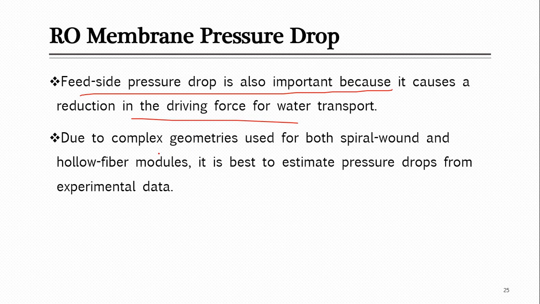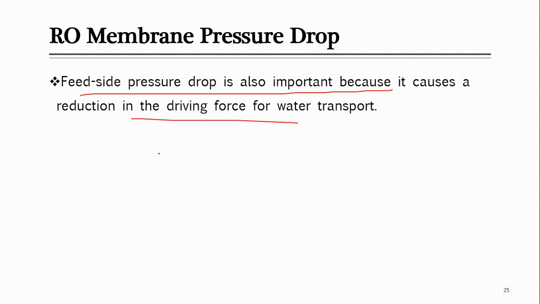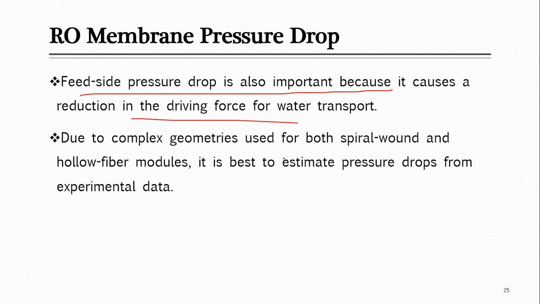But as we have seen, pressure drop can be calculated for various equipment, even columns, as we have seen plate towers and packed columns. But through this membrane system, especially the RO membrane system, it is difficult, because there are difficult geometries of spiral wound and hollow fiber membranes.